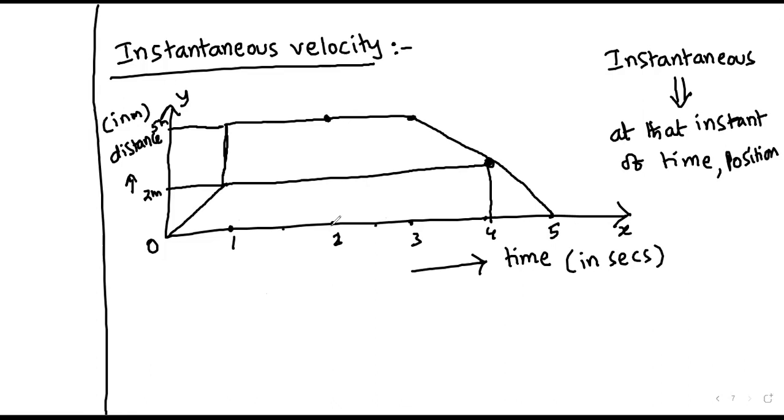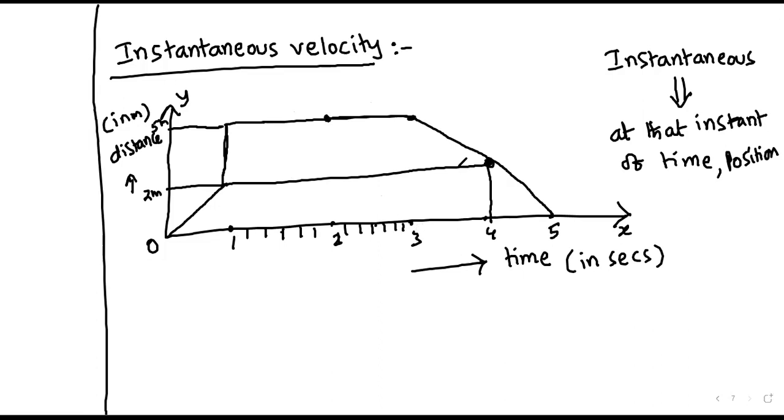Suppose from 1 to 2, it travels a distance of 5 meters. In between, you can take any value from 1 to 2, and I can say 5 meters only. Similarly, from 2 to 3, you can consider any value, and I can say the distance traveled is 5 meters.